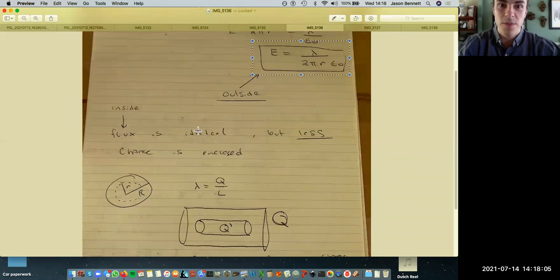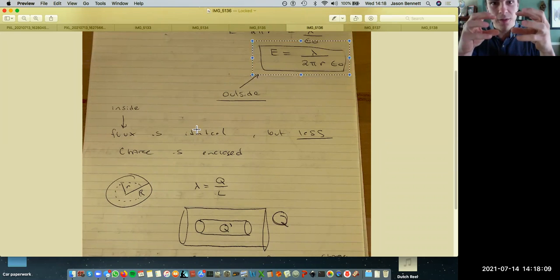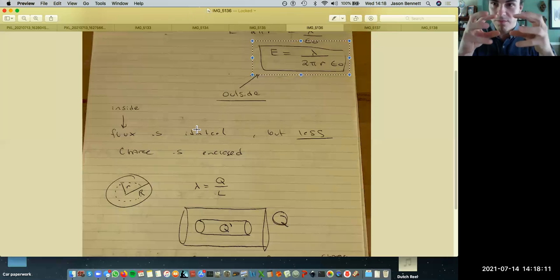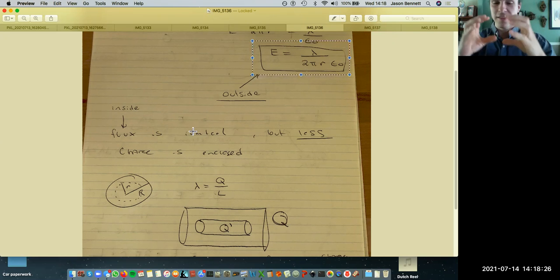So when I'm doing this charge enclosed, it's everything that's inside my little chunk. And because it's a chunk, as opposed to lines going through my surface, it's now charge, and charge occupies 3D. It's a rod, not a hollow cylinder.